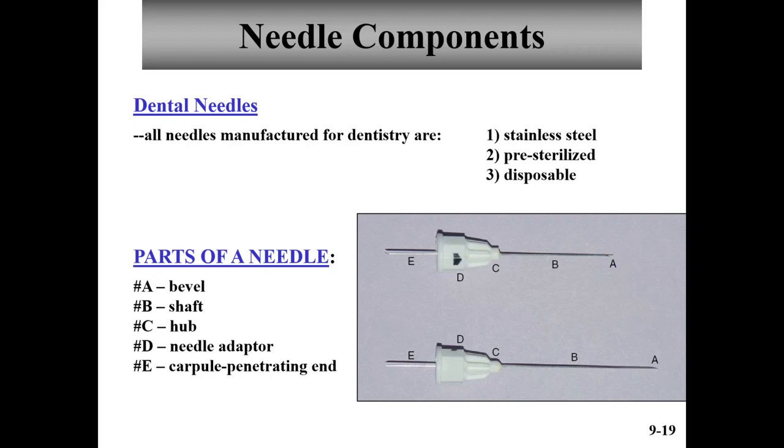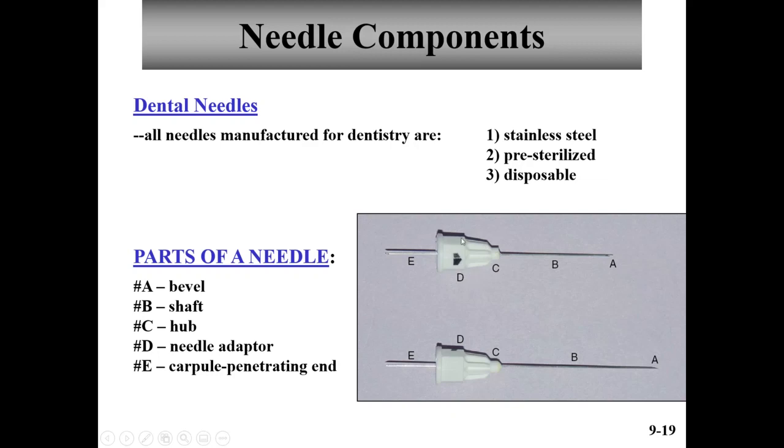The parts of the needle include the bevel, which is this slanted tip terminal end of the needle, and the shaft, which extends from the tip of the needle all the way to the other end. This is the end of the needle that will actually be put into the carpule. The hub is located right here, and the hub is where the shaft meets the needle adapter, and that's what this white thing is.